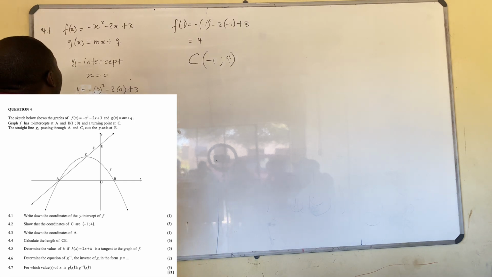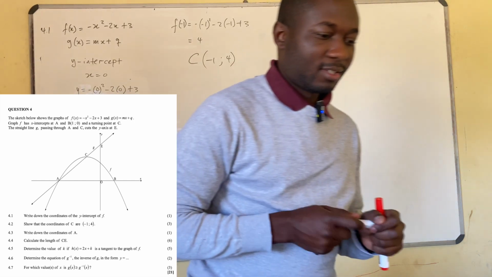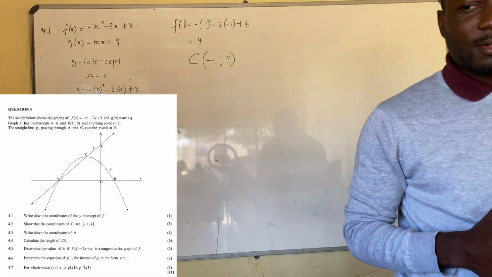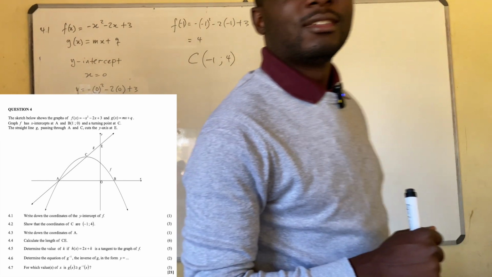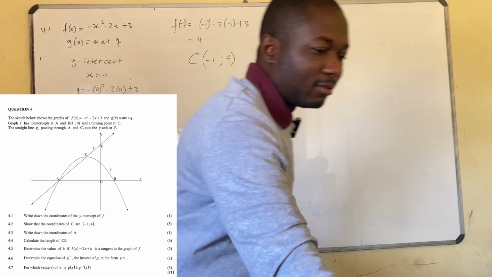Y equal to 0, and then you do the whole solving. Yes. But it's just 1 mark. Is there a simpler way of doing it? What do you think? There is a simpler way of doing it, right?